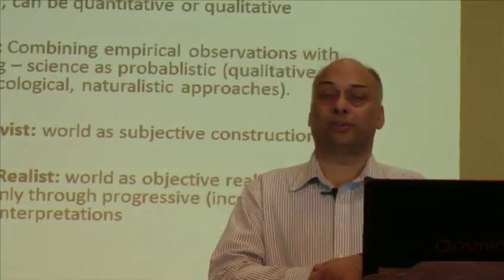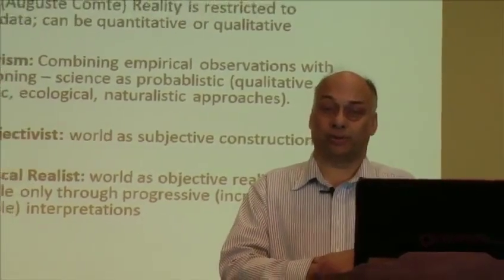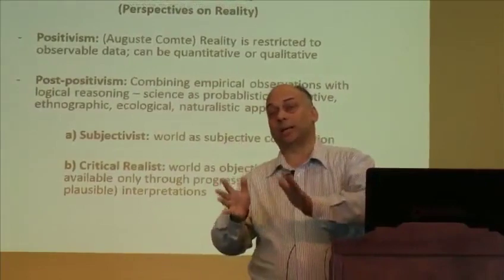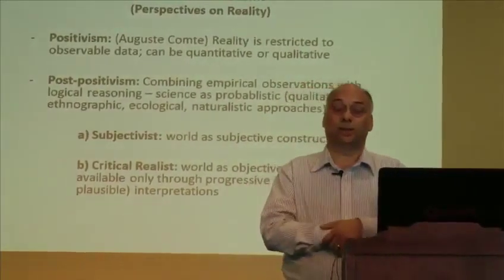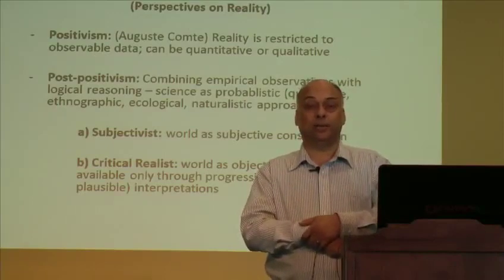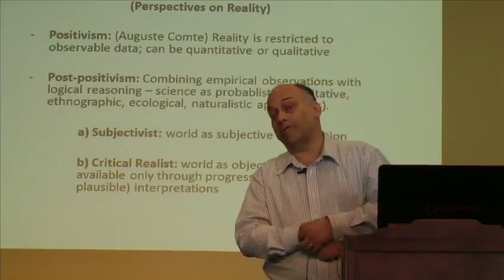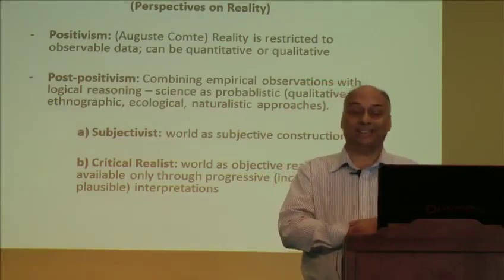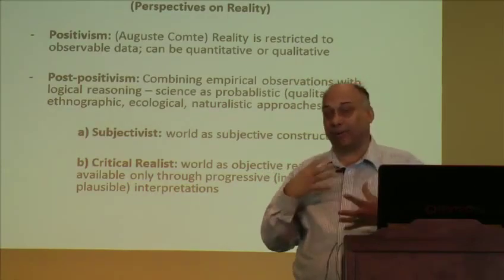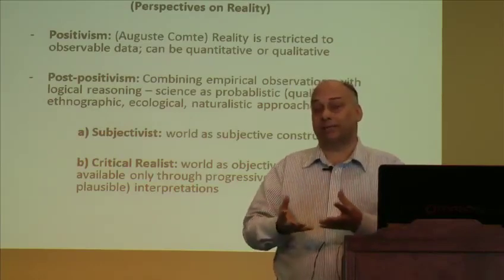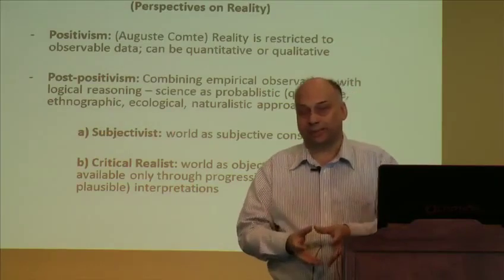But however, positivism has come in for a lot of criticism, and as I said, particularly when we look at the human sciences and the social sciences, we find that human beings, even living things in general, are not that easy to separate from ourselves, and they don't lend themselves so easily as objects.